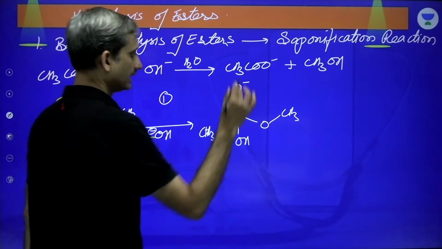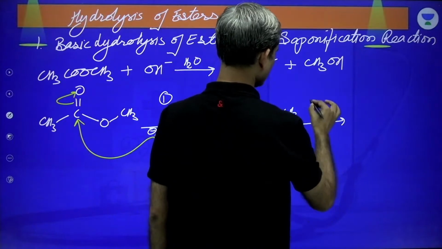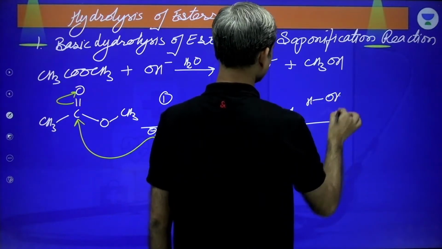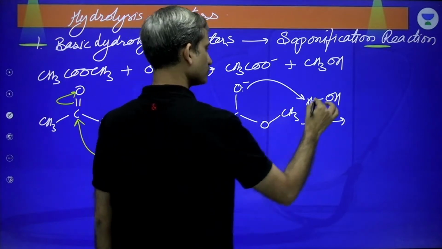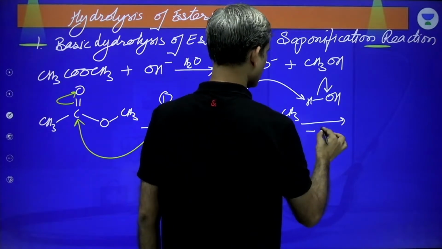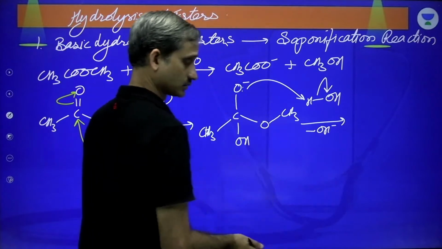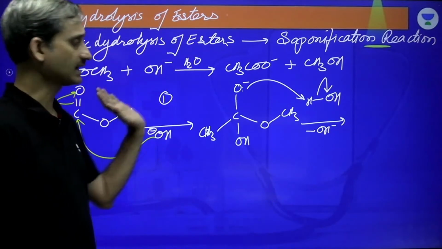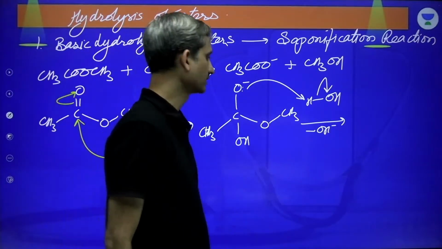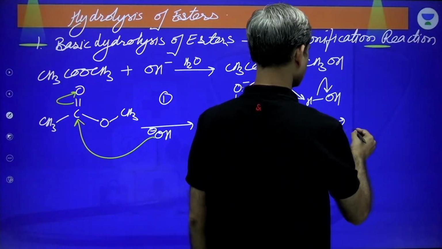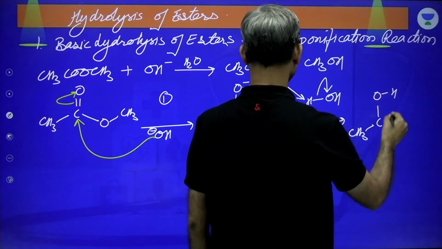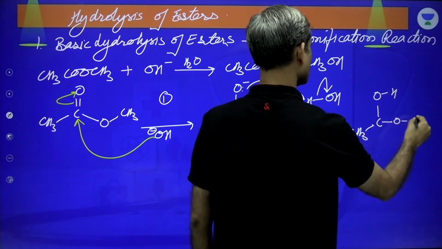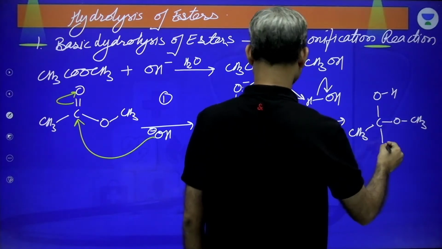Fine. In the next step, we have the water molecule. This oxygen's electron is going to attack this hydrogen. This is going to be cleaved and OH minus is going to be released. So OH minus is consumed in the first step, it is formed in the second step. And we get CH3, C, OH, O, CH3, OH.